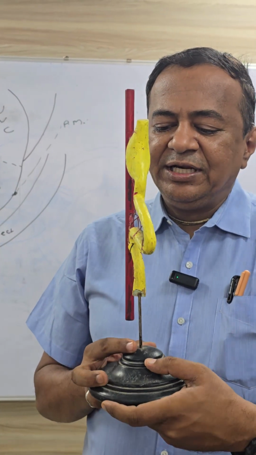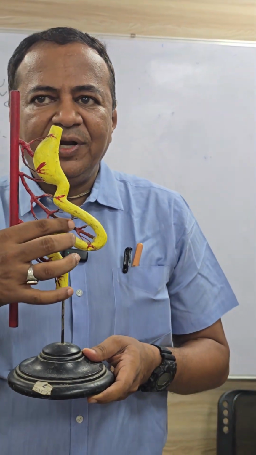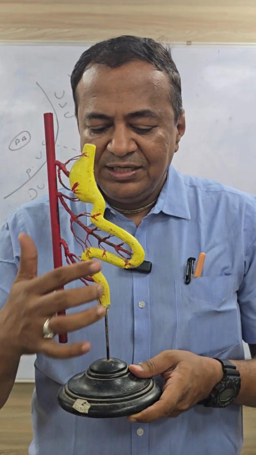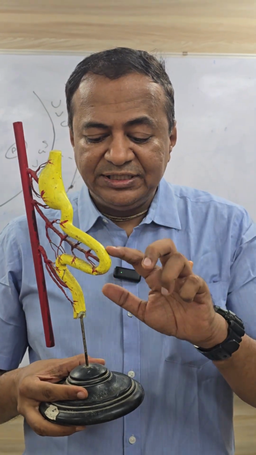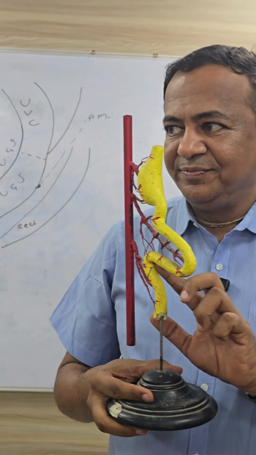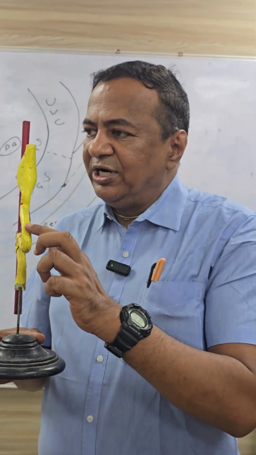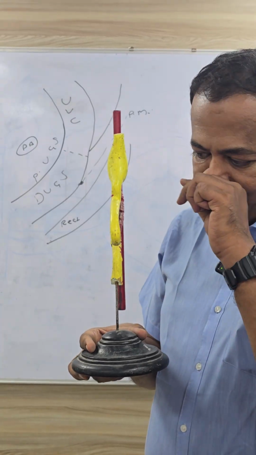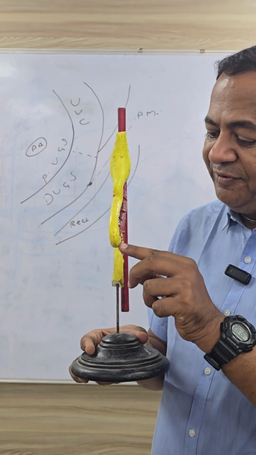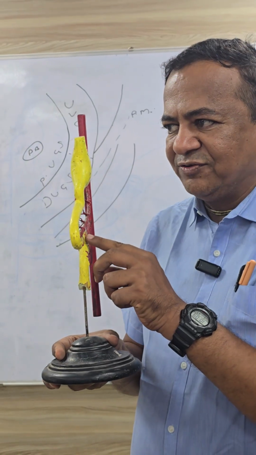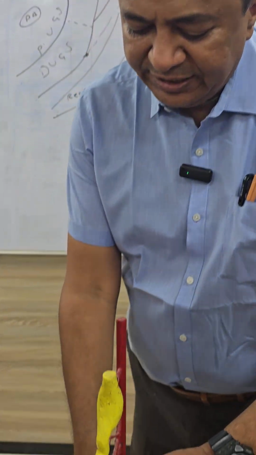This superior mesenteric artery forms the axis around which the midgut loop will undergo 270-degree rotation. This part is called the prearterial segment from which the jejunum and ileum develop. This is the post-arterial segment in which the terminal part of ileum, ascending colon and right two-third of transverse colon develop.